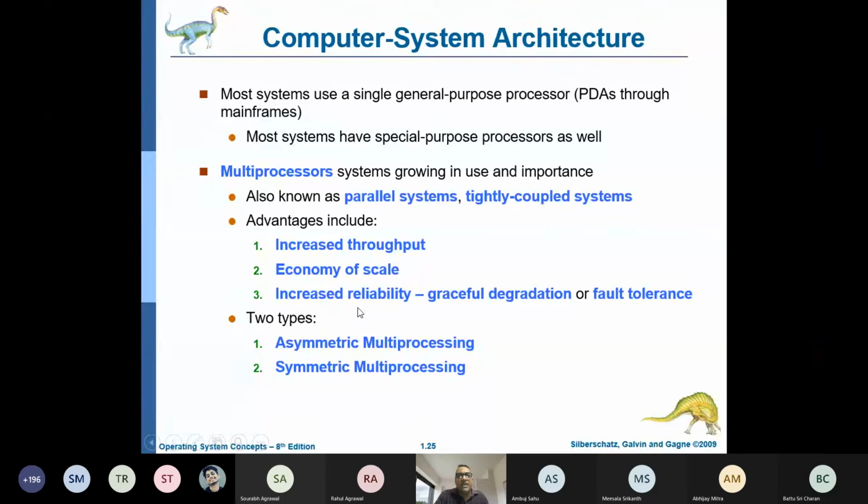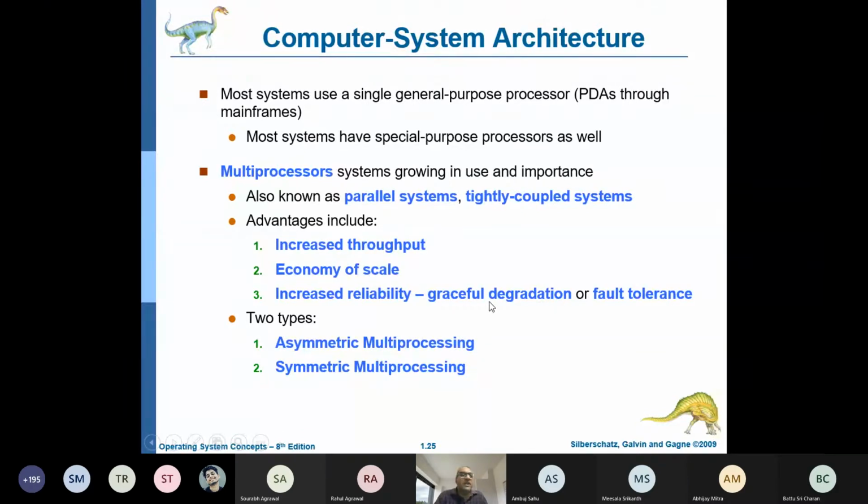And at the same time, the reliability is also higher, because since it has multiple processors, even if one processor has some problem, the remaining processors will take care of the applications without much degradation. That means the performance degradation will be there, with the effect of graceful degradation.